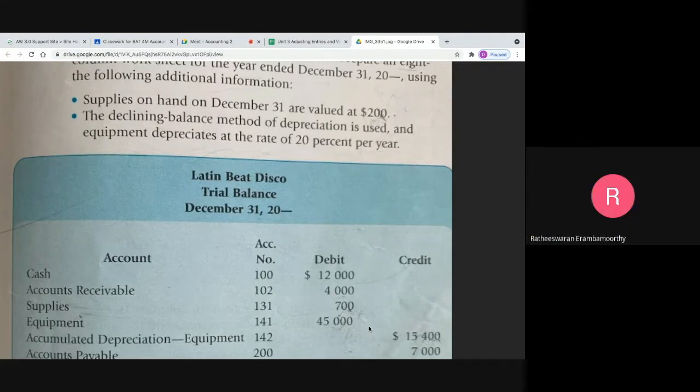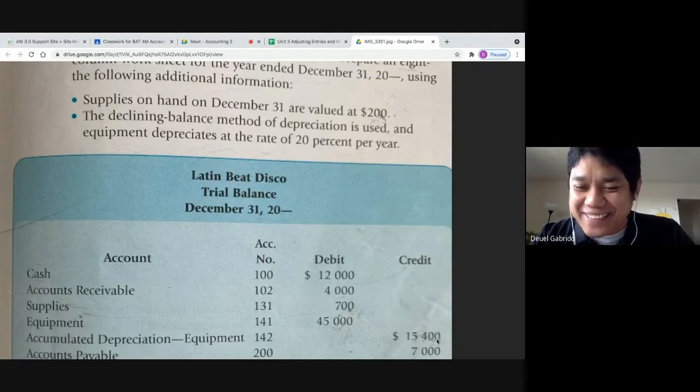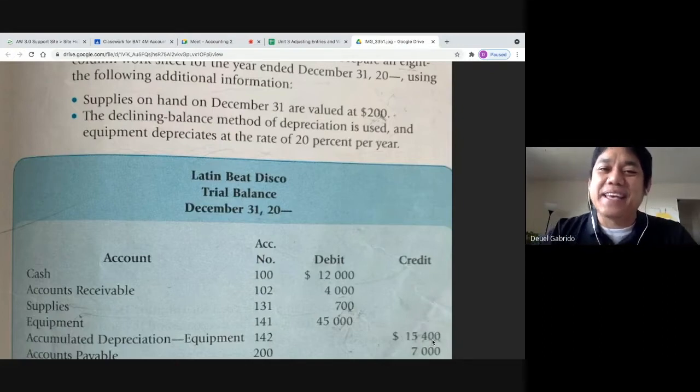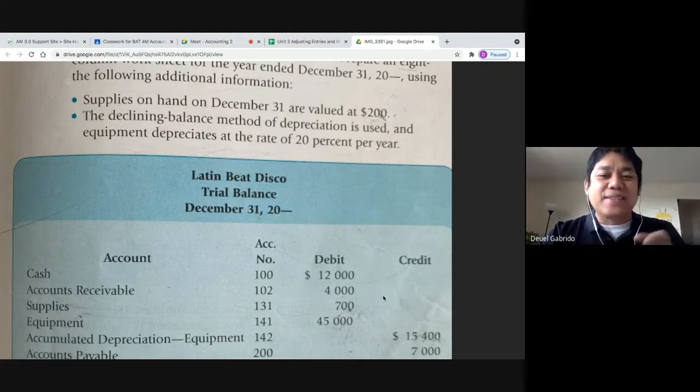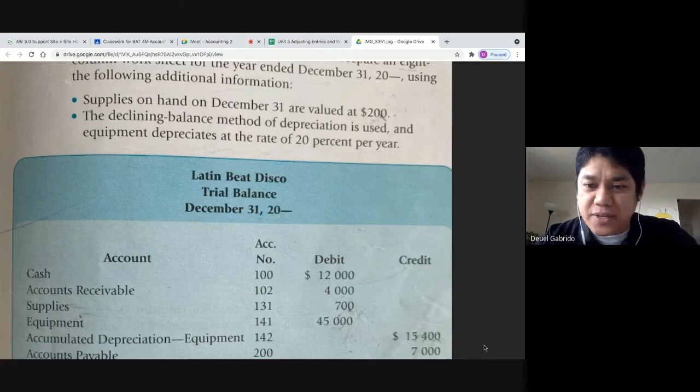How do you get the 15,400? The 15,400 is given, so we don't need to calculate for that. Because they gave it to you, this is our problem. We will calculate the new decrease. If in the problem you see a given accumulated depreciation, just leave it like that because they gave it to us already.